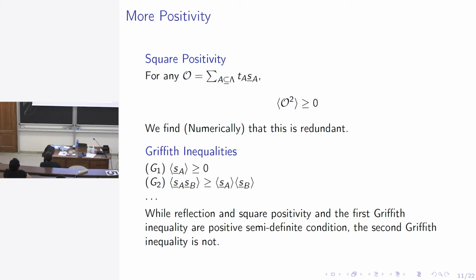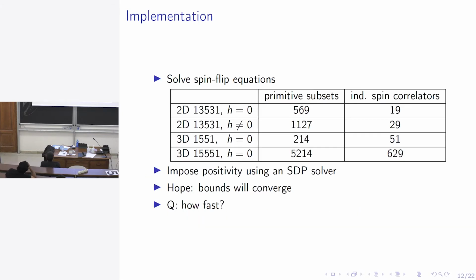Okay, this is just what I said, I guess. So when we solve the spin flip equations, what I'm calling here primitive subsets is you take all possible spin insertions on the lattice and you mod out by the lattice symmetry group. So this leaves you with a big set of primitive variables.